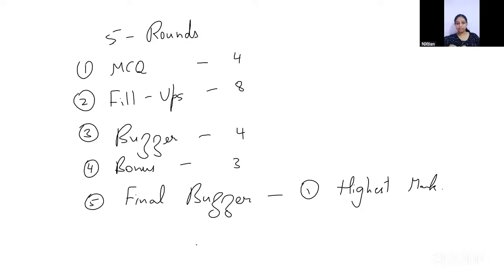Fourth round, bonus, 1.5 marks each question. And the final buzzer, 3 marks for the last question.